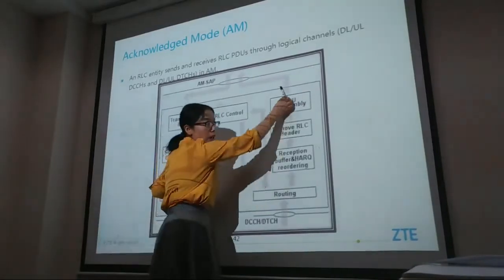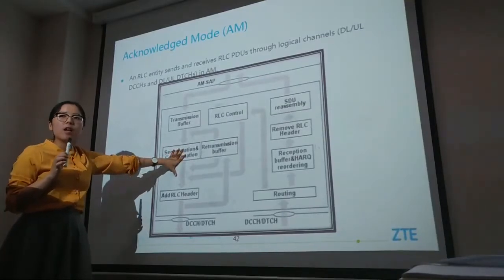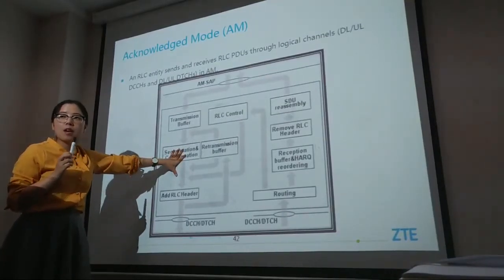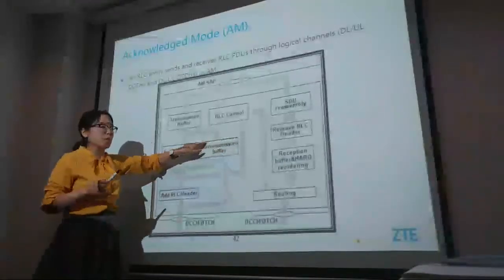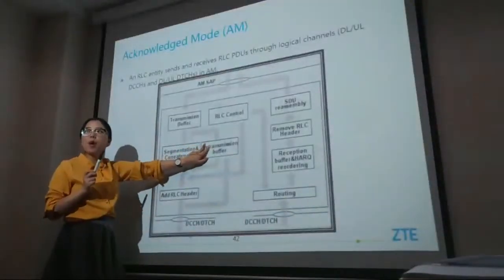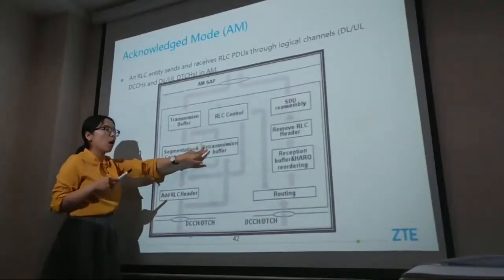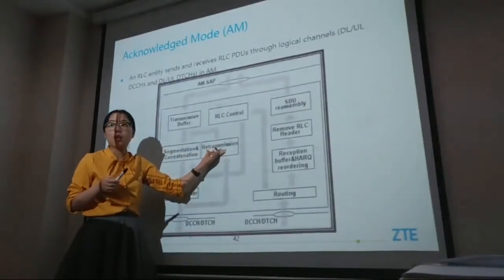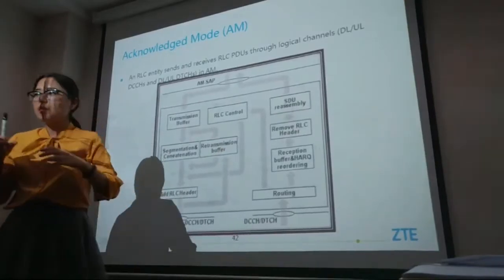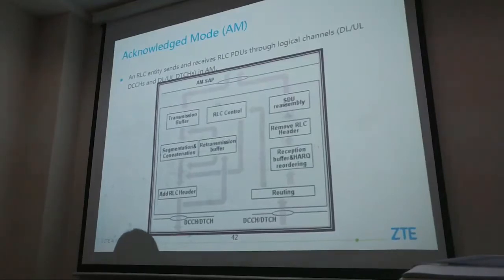This part is the same as the UM mode, but it will detect if there is a NACK. If there is a NACK, it will give feedback. So here we have a retransmission. For example, we get the NACK response, so I will go to the retransmission buffer to get this data. For this retransmitted data, maybe this time the MAC layer gave it a small size PDU.